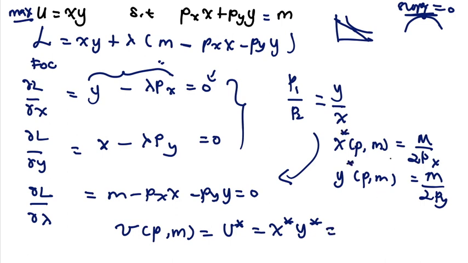So when you simplify it, but you have to show it, yeah? So you get, this one is the final answer. I just skip it, but you can't skip. How to get this? You must know how to get this. So you get m squared over 4 px times py. But how to get this? You must show it step by step here. So this is the indirect utility function.